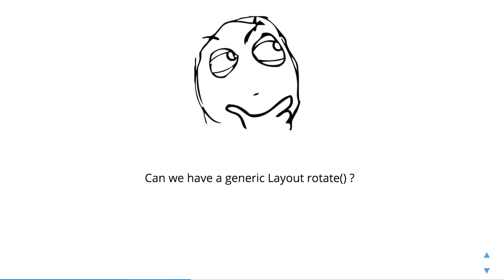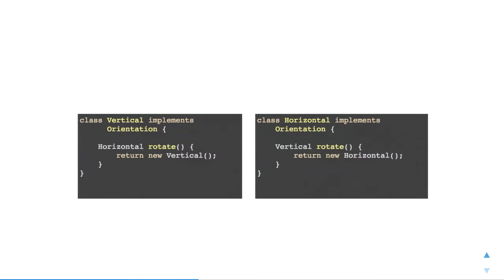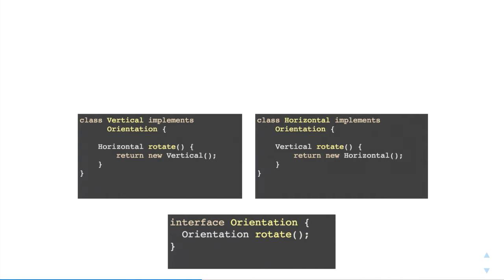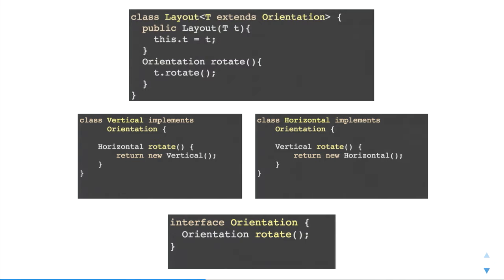But the question is, how do we implement this generic layout? If we define this in our superclass inside of this orientation, then we're going to have to say, well, we'll return an orientation. There's no way to say either we return a horizontal or we return a vertical, depending on which one we are right now. So there's this idea of state.